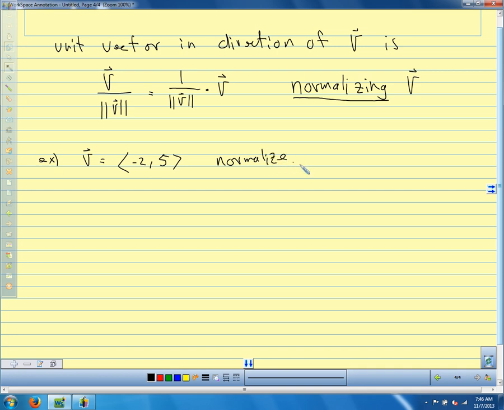So our process is just we're going to find this new vector v over the length of v. So what is the length of this vector? Square root of the components squared, so we get square root of 4 plus 25. We get the square root of 29.